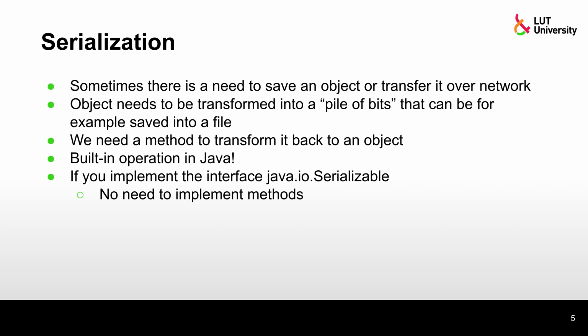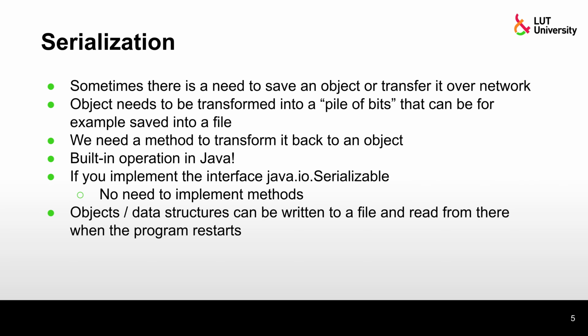And there is no need to implement any methods. You just need to implement the interface, which basically doesn't have any methods. After that, objects and data structures can be written to a file and read from there when the program restarts, if that's what the developer wants.